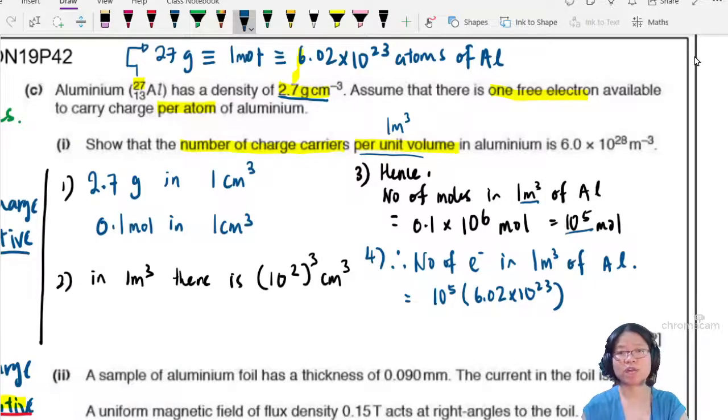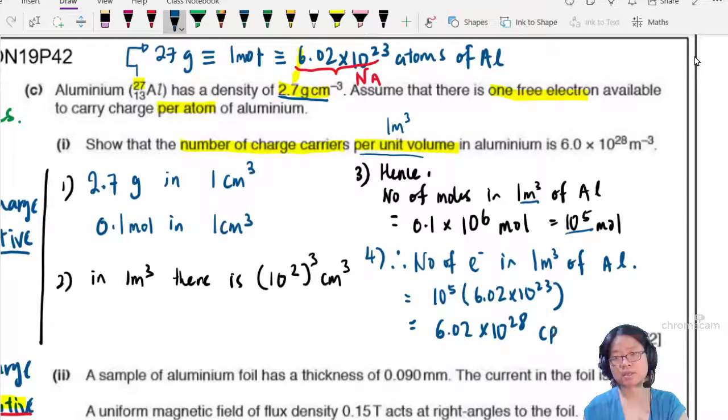This is the Avogadro constant. In case you don't know, or you've forgotten your chemistry, or you haven't studied the gases chapter yet in your A2, this is the Avogadro constant. You can find it in your table of constants. So 10 to the power of 5 times 6.02 times 10 to the power of 23 will give you 6.02 times 10 to the power of 28. Proven or shown.